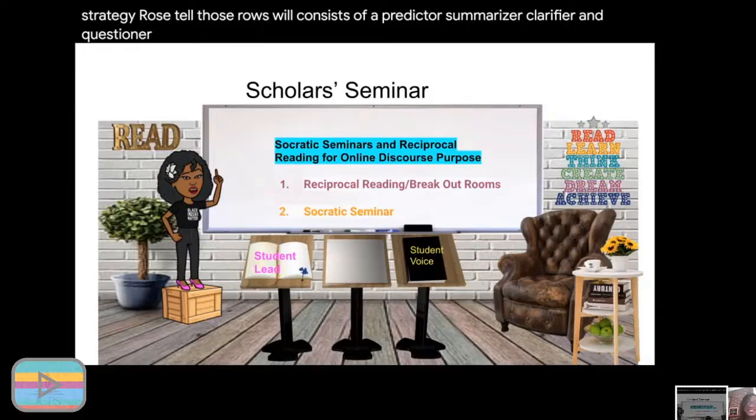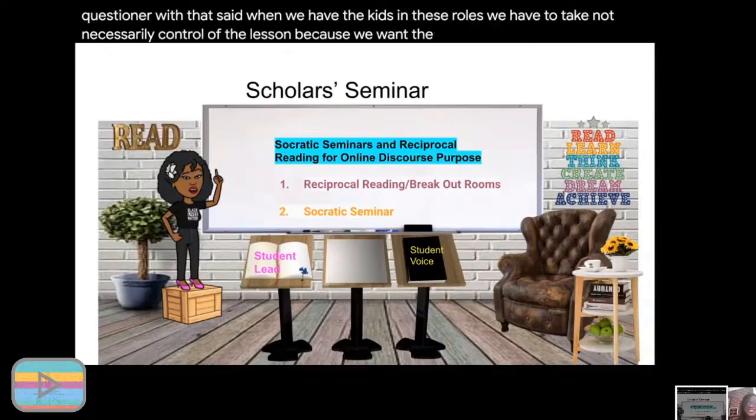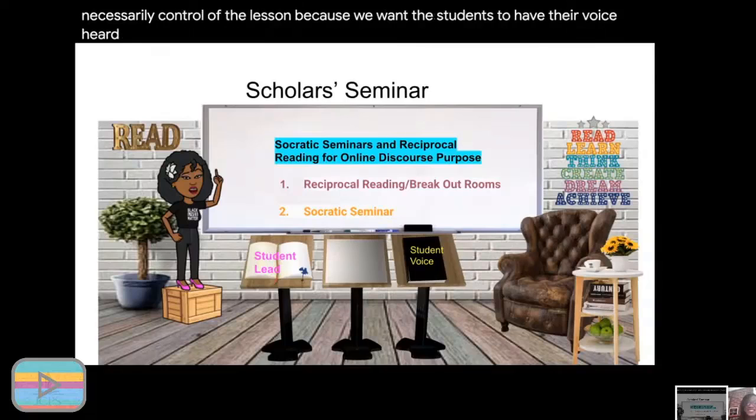With that said, when we have the kids in these roles, we have to take not necessarily control of the lesson, because we want the students to have their voice heard so that we are building our connection and building our online learning community as a space for growth.